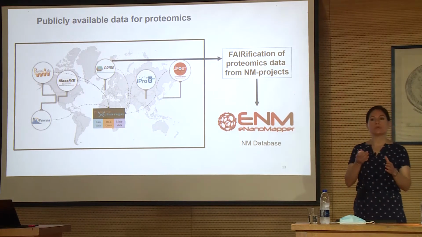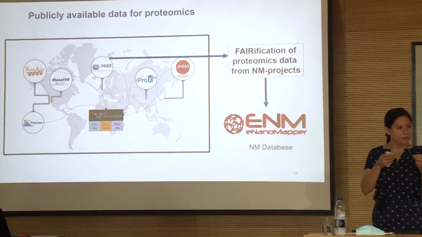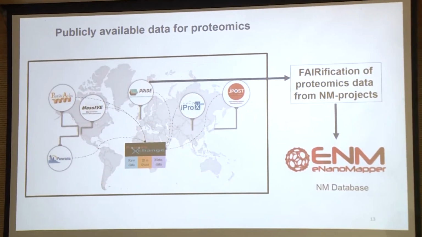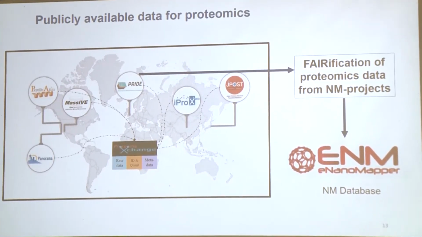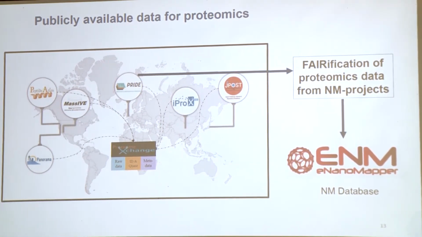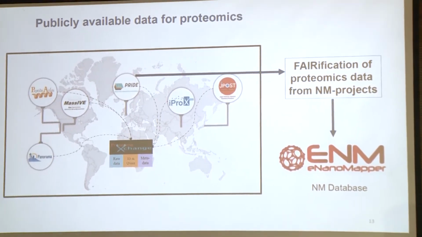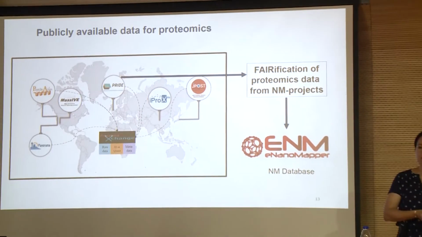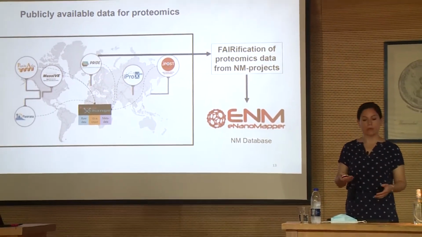And this means putting the metadata, investigating in more detail what the project was about, and then explaining it in the format that this database needs. And now all the nanomaterial community can also profit from these projects. There were not too many, maybe 10, but they will become more in the future. So this is an effort worth doing.